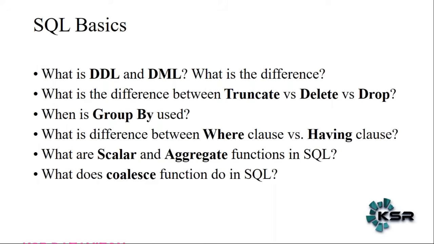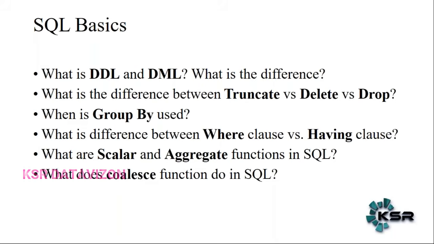Now, the next question you will get is, what is the difference between a where clause and a having clause? This is a very important question that will be asked in almost every interview. The way you need to answer is, where condition can be applied to filter the data on the existing column of the table. Let's say in your table you have country, time, date, location.